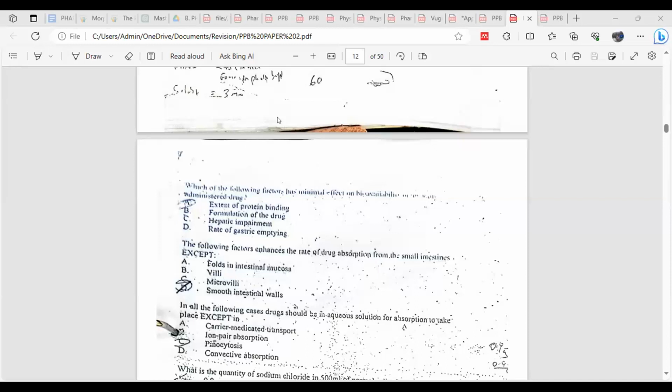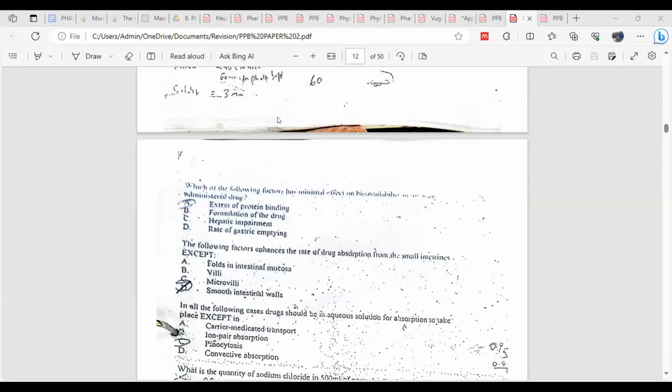Even here it says bioavailability is inversely proportional to protein binding. Inversely proportional. So the more protein bound, the less bioavailable the drug is. Yes. Protein binding influences the bioavailability and distribution of active compounds. I would go with protein binding because it's more of distribution of the drug.